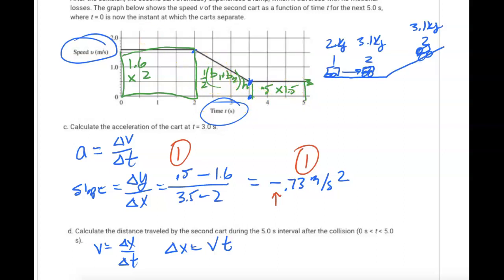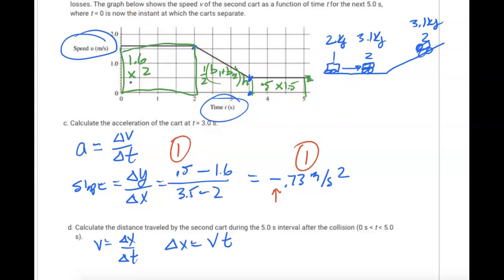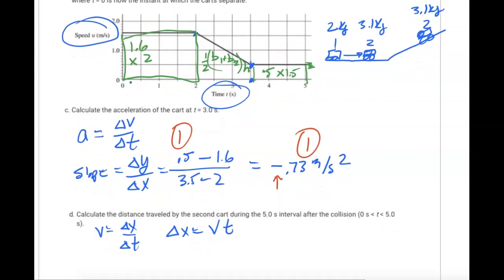Now we just need to plug everything in. 1.6 times 2 is going to give us 3.2. Here we have 1/2 of base 1. We have to turn this thing around so that we can see where our bases are. So this is base 1, and this would be base 2.